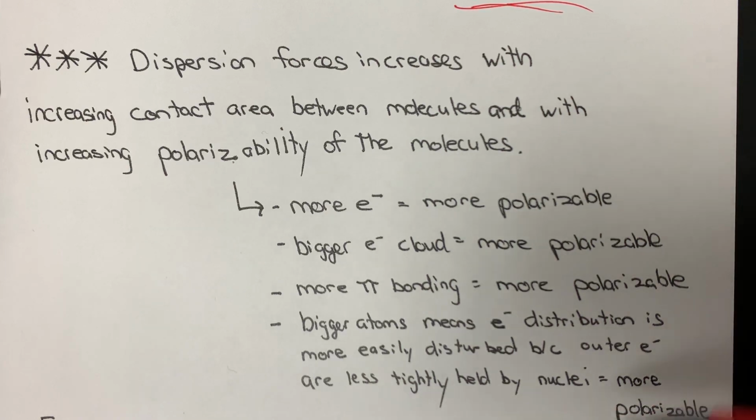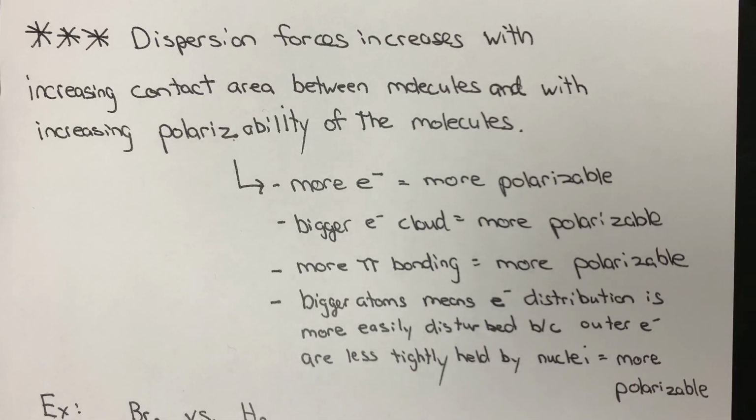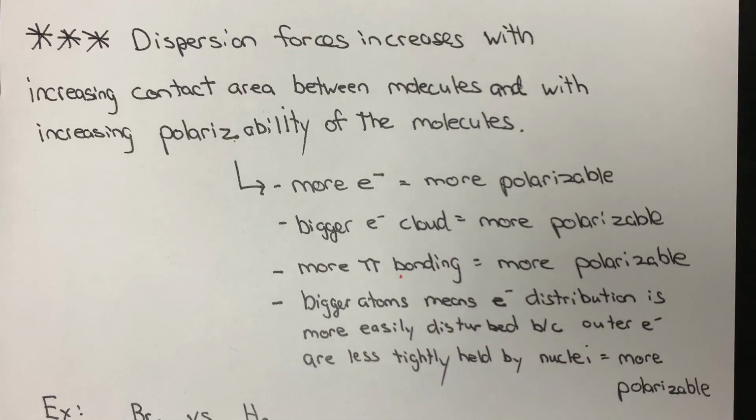And there are 4 things I've identified here that increase the polarizability of a molecule. First off, the more electrons there are, the larger separation that can occur. We refer to this as polarizability. The bigger the electron cloud is, okay, more polarizable. If we have electrons that are not tightly held in place, such as in a sigma bond, but rather are a bit more delocalized and have this propensity to move about, more polarizable.